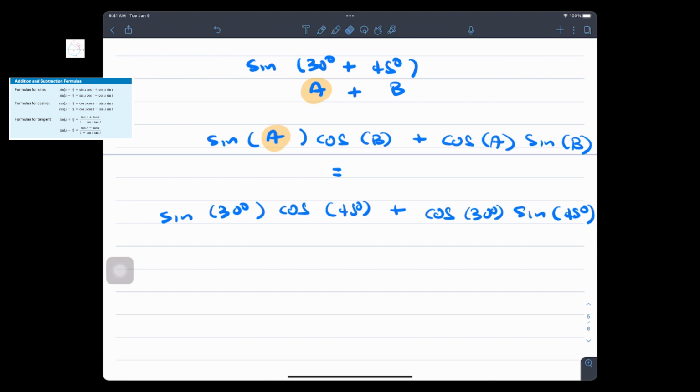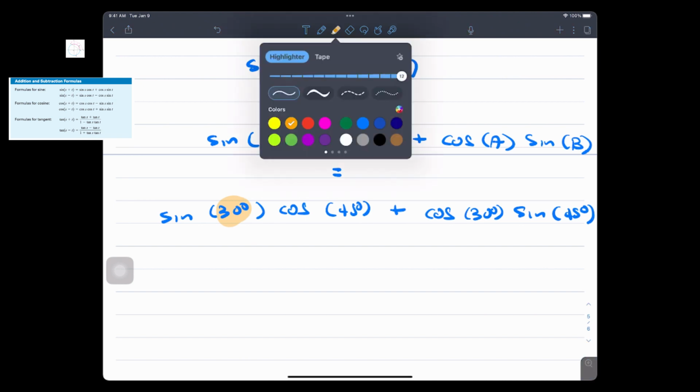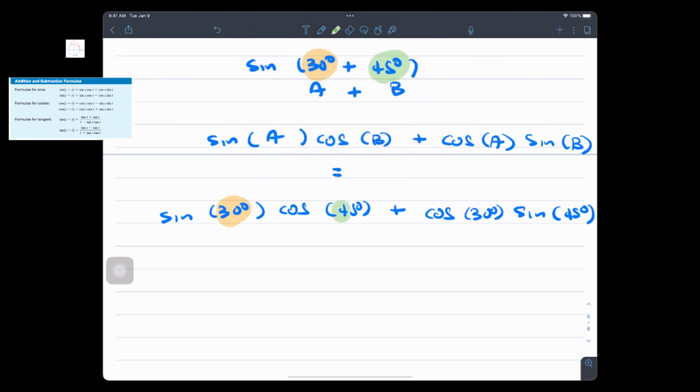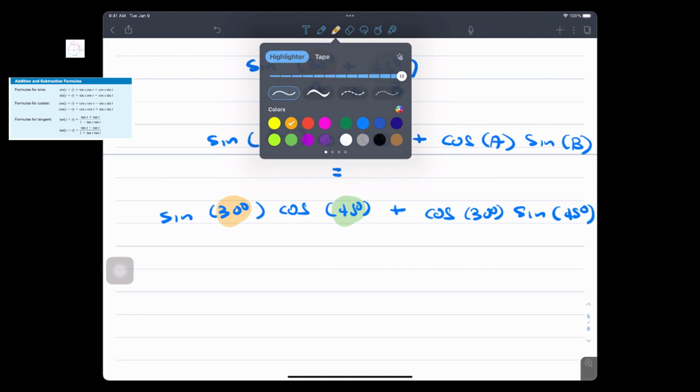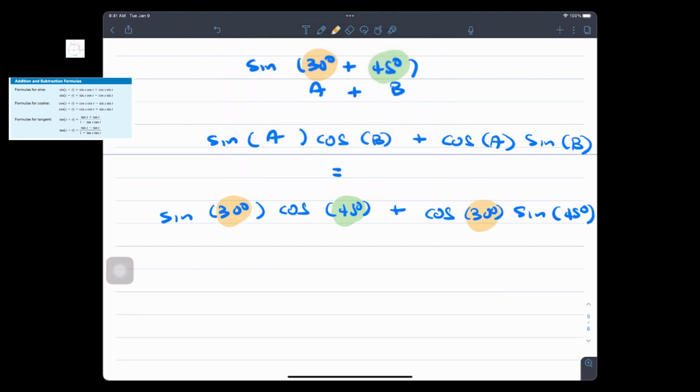Let's do it this way. 30, 30 plus 45, 45, 30, 45. Okay. So I'm just going to say to you guys, refer to the formula sheet at this point.